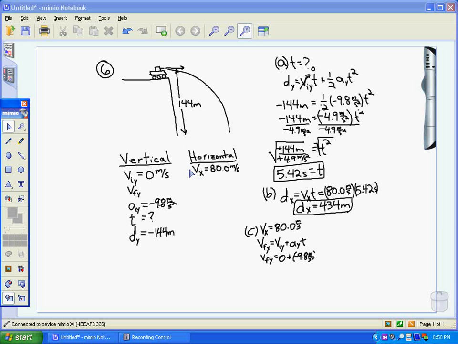And that, in fact, equals negative 53.116 meters per second.